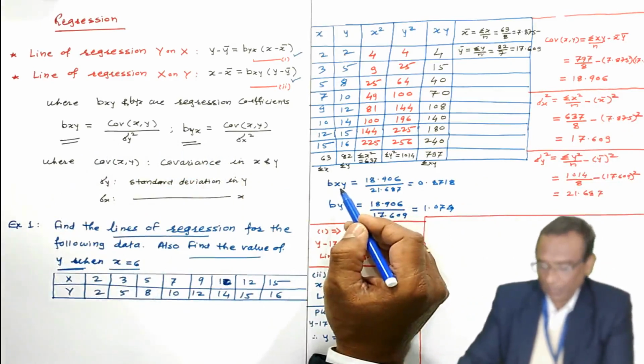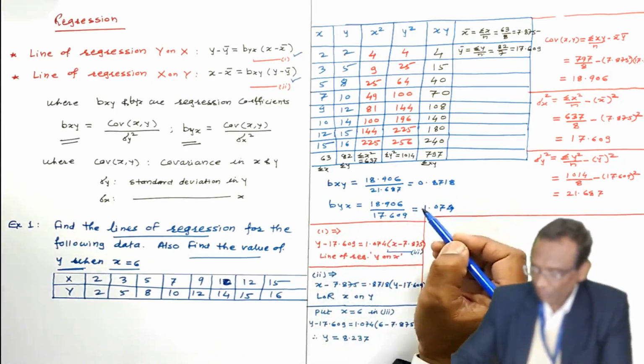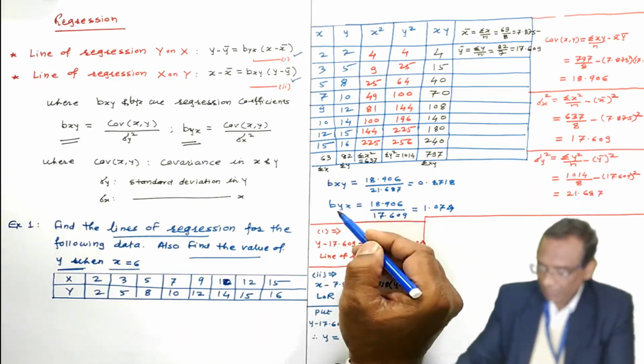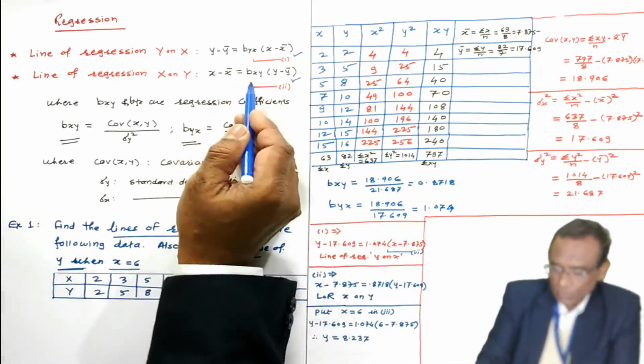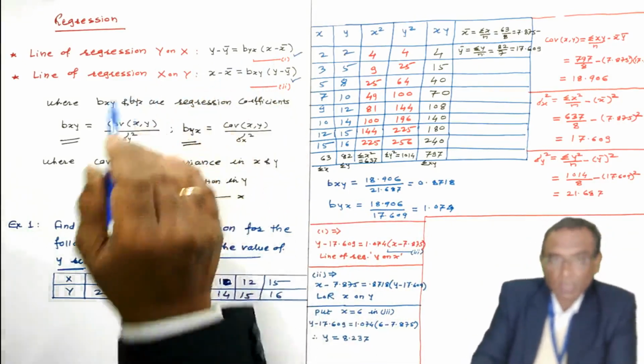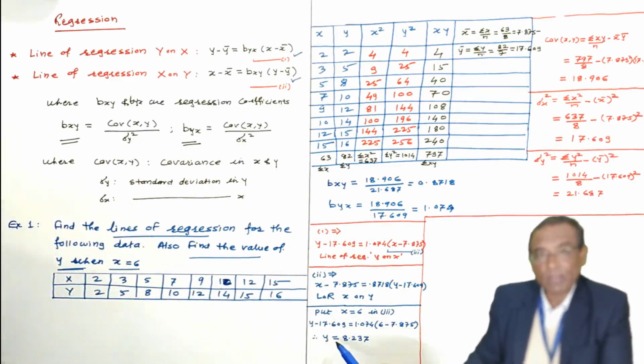The regression coefficient bxy, and another regression coefficient byx, that we found. Once you get bxy and byx, put them in these two equations so as to get the line of regression of y on x and x on y. And here one more additional thing is asked: for x equal to 6, what is the value of y?